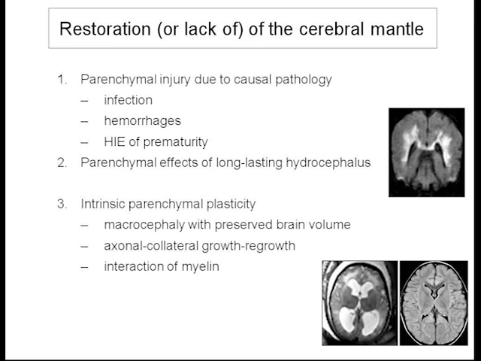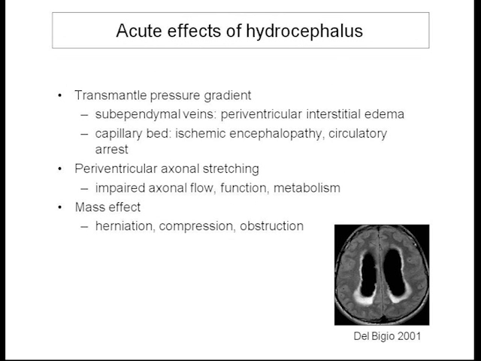So that can be explained. We have the explanation with the preservation of the brain volume in macrocephaly, but there is also the axonal collateral growth or regrowth that is preserved, and there is something that is very important, which is the interaction of myelin. You have acute effects of hydrocephalus, subependymal veins and periventricular interstitial edema, and the ischemic encephalopathy.